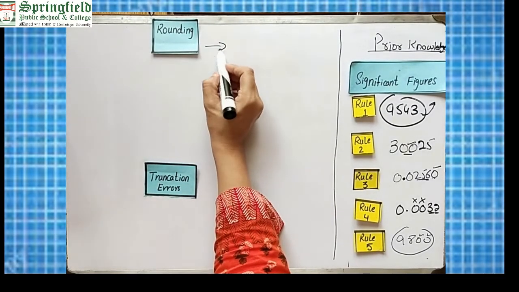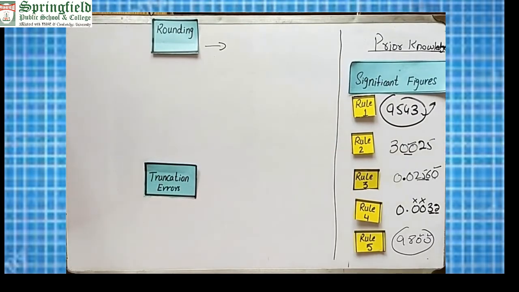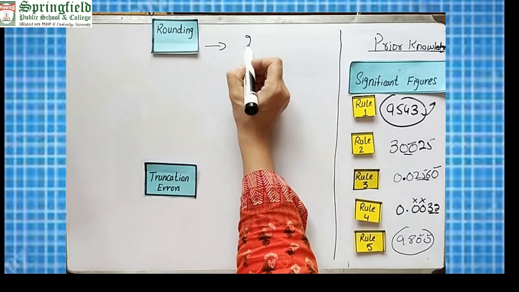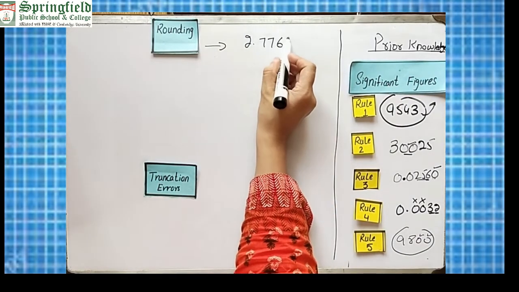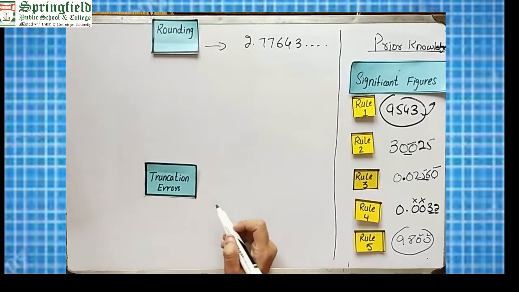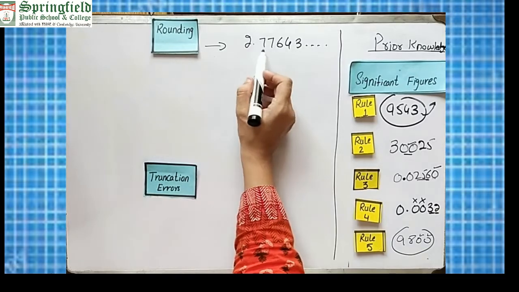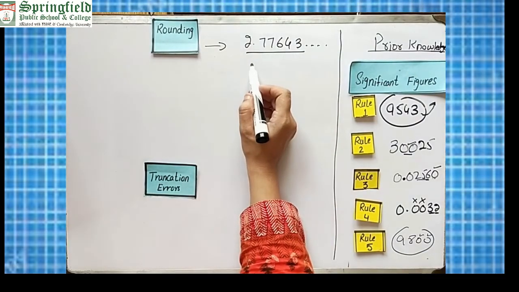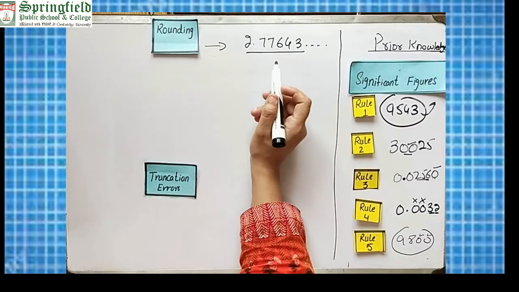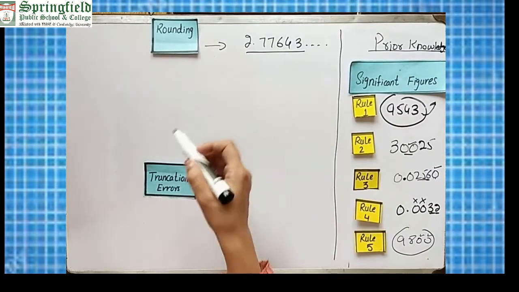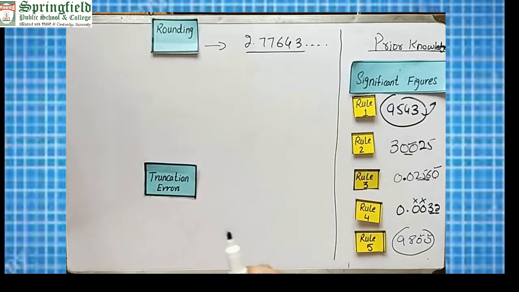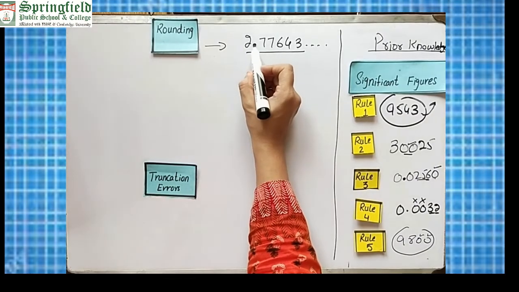Rounding means, let a number be 2.77643 and so on. And they are saying round off this number to 3 decimal places. So how can we round off to 3 decimal places? 3 decimal places means that after the decimal point just 3 digits remain.